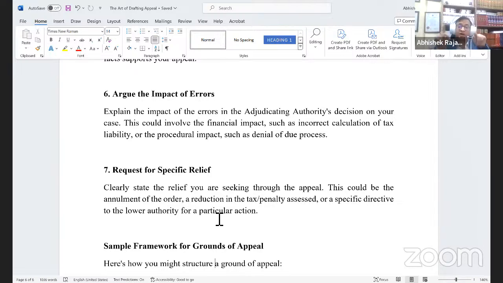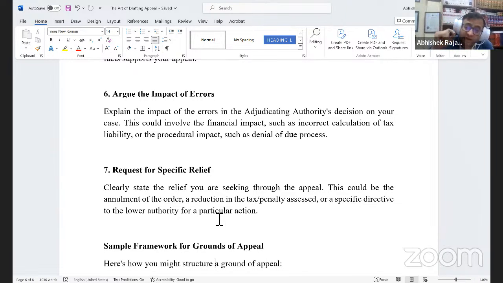Last, once you are drafting and concluding the appeal, you are at the end of the appeal. You are writing the prayer. Now, while writing the prayer, you have to be very cautious. Let's say you had requested 5 reliefs. In the prayer, don't just leave it.